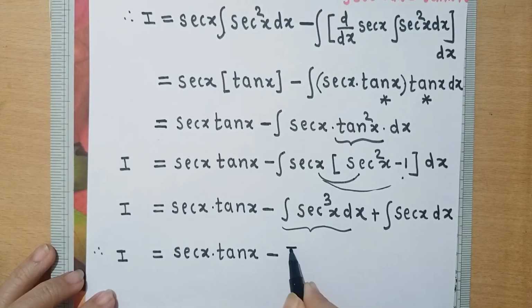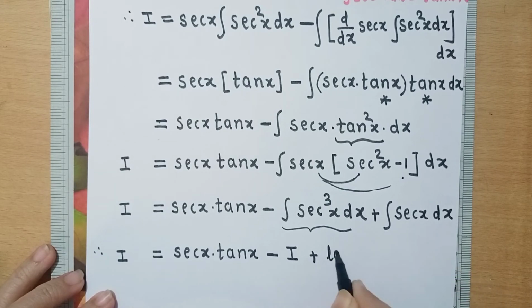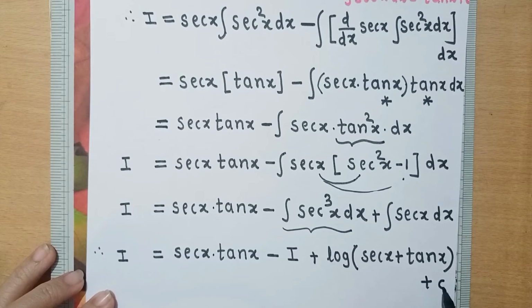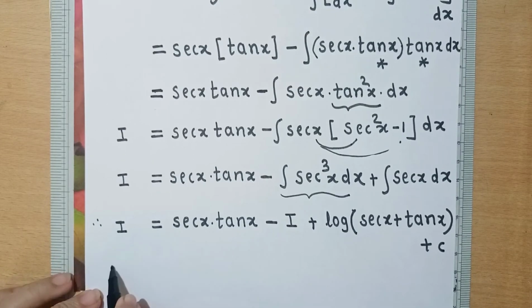So here I am writing this I, and we know integration of sec x is log of sec of x plus tan of x plus c. Now we will move minus I to the left hand side. So I plus I is twice I, and we will write this term and this term as it is.